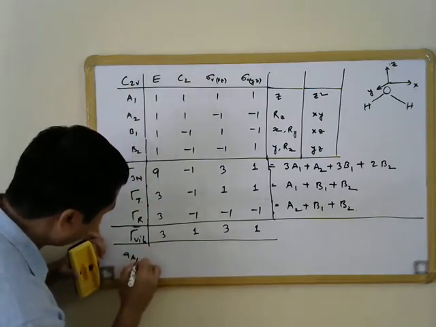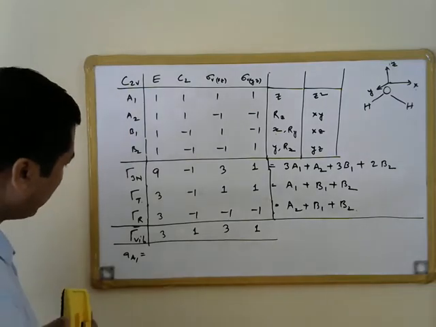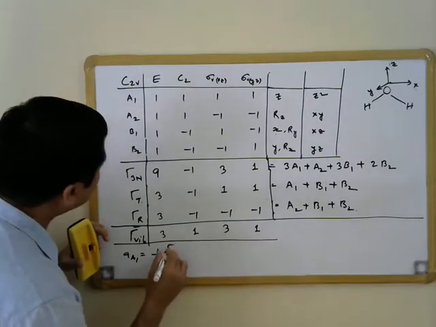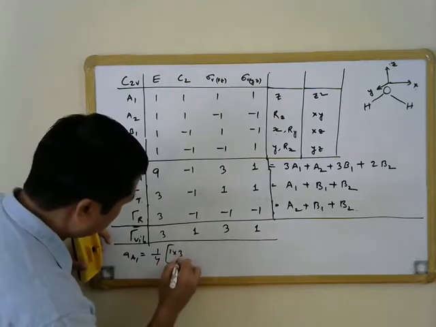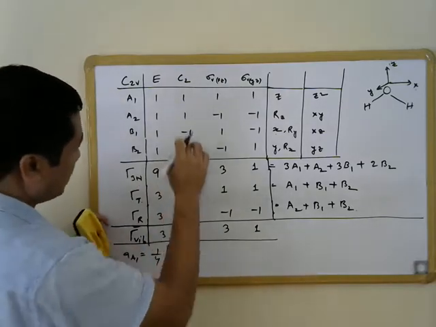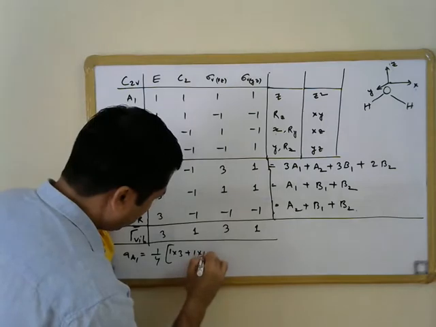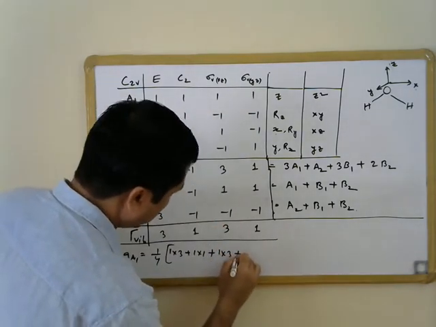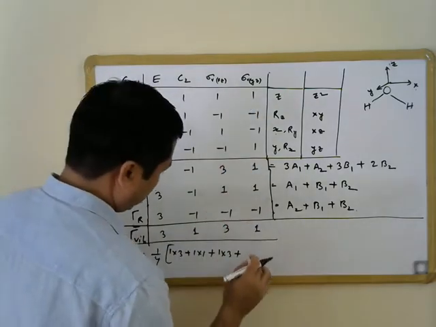So let's do A1. That is going to be equal to 1 by 4, 1 into 3, 1 into 1, 1 into 3, 1 into 1.